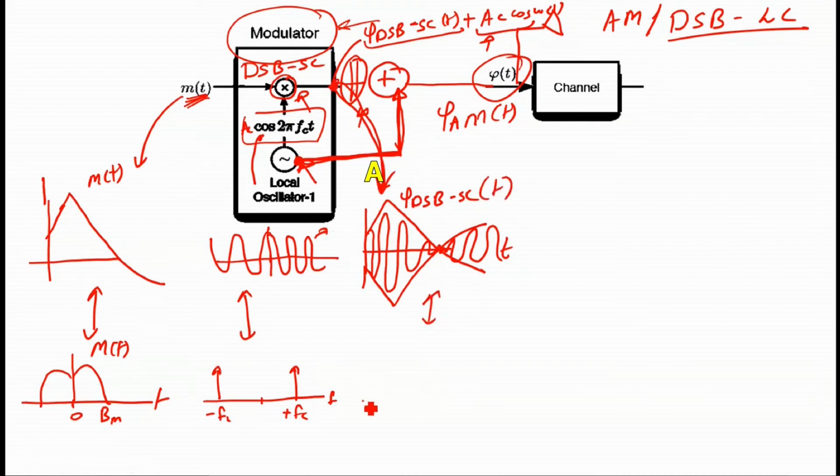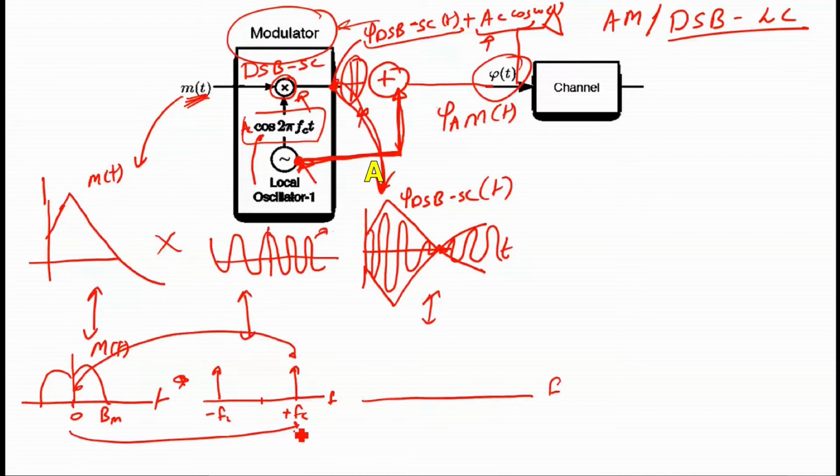And its Fourier transform is simply, if these two are multiplied, then these two are convolved. So this would be convolved with this. So this is going to shift to fc. So at fc we have this part and this part, right? So we have M of f minus fc and M of f plus fc.